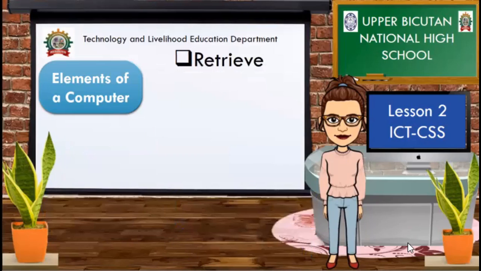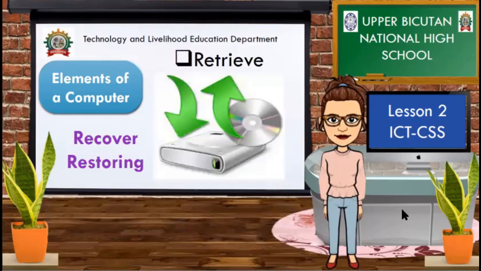The last element of a computer system is retrieve. A computer has the capability of allowing users to access and view data that was saved earlier. A computer can also recover data that was accidentally or intentionally deleted by the users.